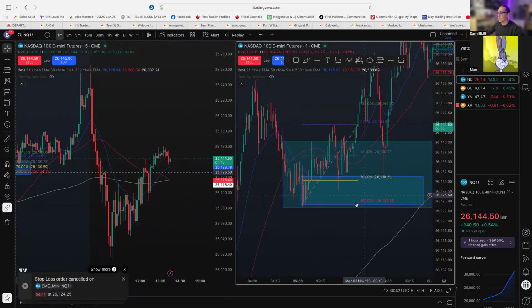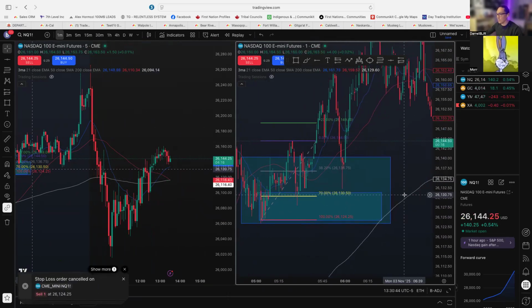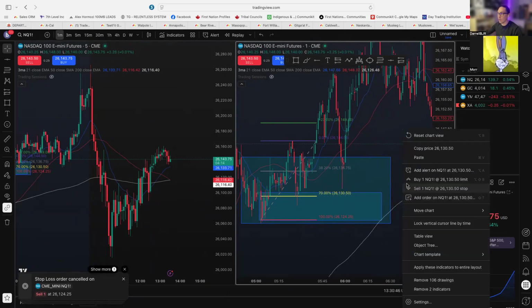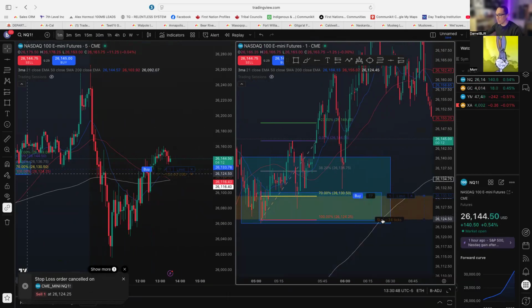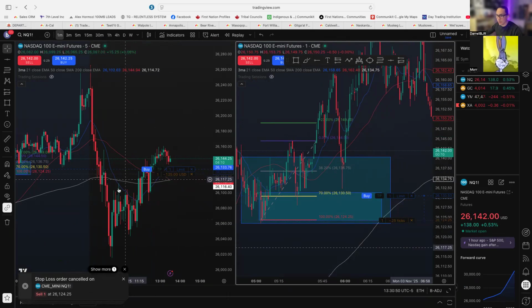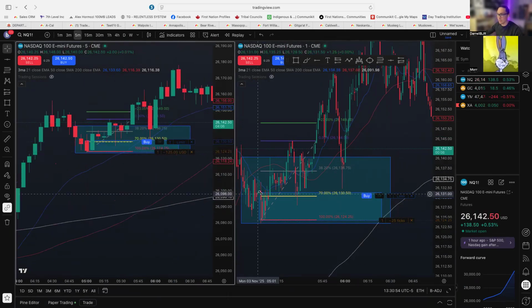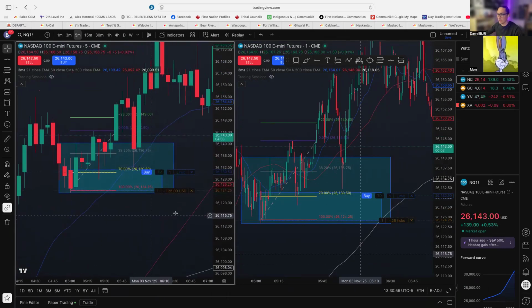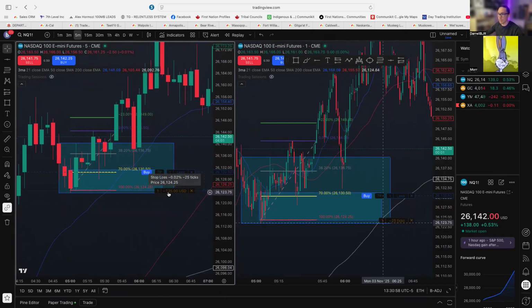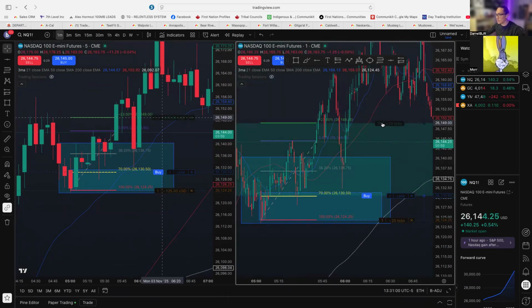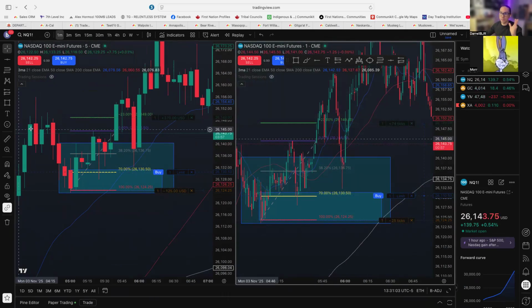Since this is so tiny, you might not want to risk $125. Let me go like this and zoom in over here. You might not want to risk $125, right? So all that you would do is based off your account size.